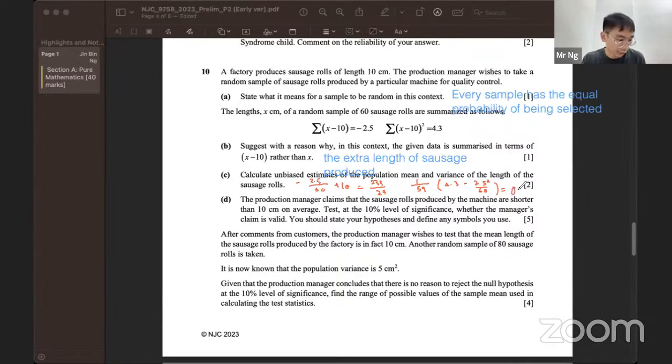Okay, so both scenarios I get 0.0711. The production manager claims that the sausage rolls produced by the machine are shorter than average.